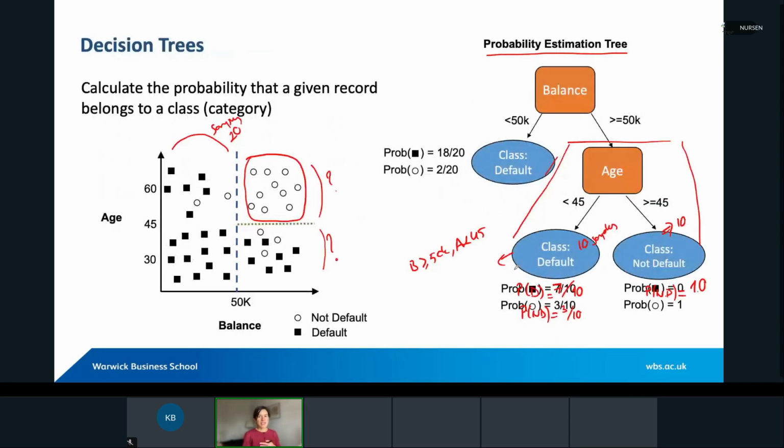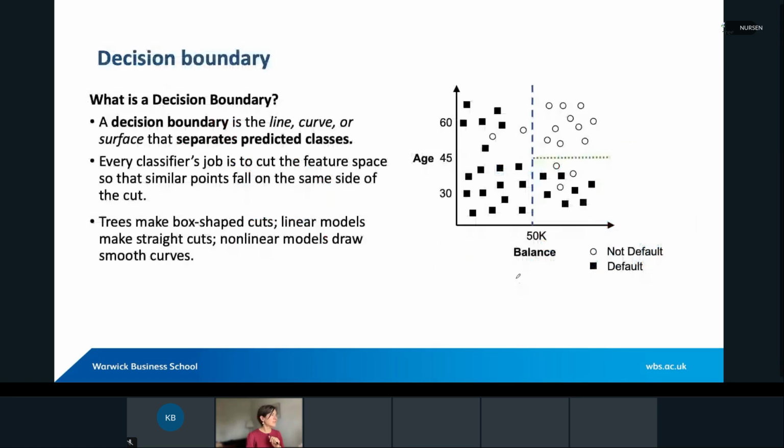So decision trees can both return estimation probabilities and also class prediction. For that reason, they are quite useful, since when you make a class prediction, it will tell you what is the probability of being in that class. In all machine learning models, we use some type of decision boundary.